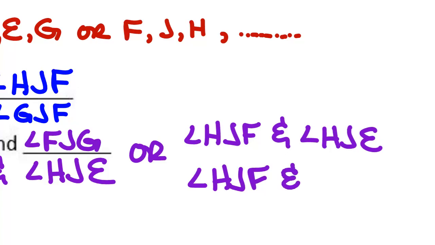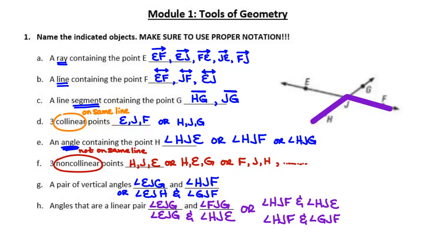What's the other one that would form a linear pair with HJF? GJF. Make sure you are using your angle notation, your segment notation, line notation, ray notation. You have to have the correct notation, not just the correct letters, because you are showing me that indicated object.